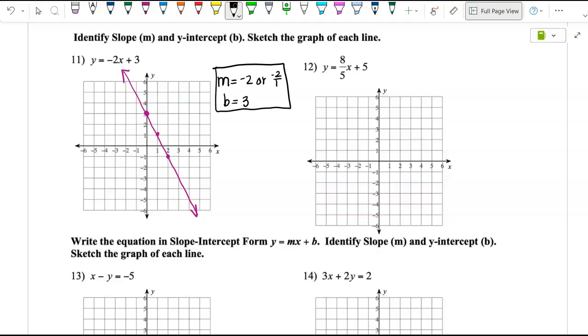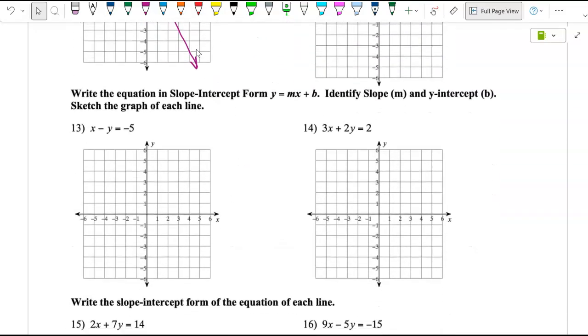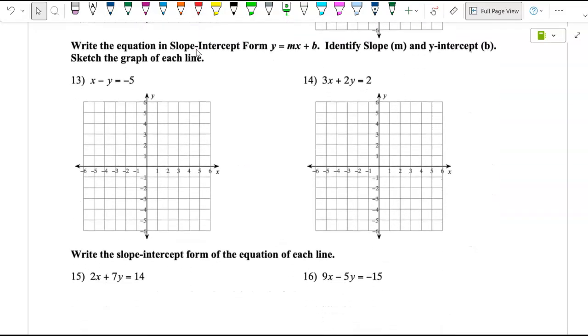Now, the only difference between 11 and 13 is 11 was already in slope-intercept form. 13 is not. So 13, I need to first solve that equation so that it's in y equals mx plus b form. Then I'll know what my slope is, and I'll know what my y-intercept is so I can graph it.